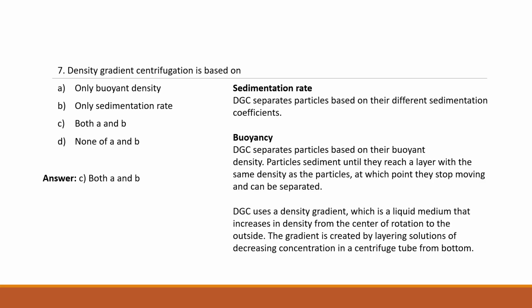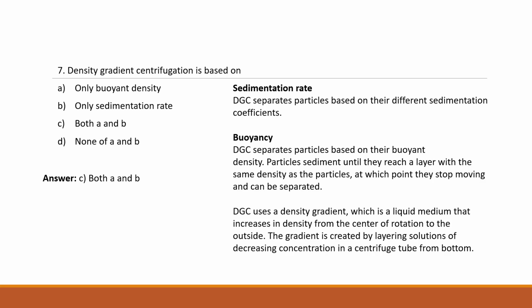It is a measure of movement of the particle, how fast the particles move within that centrifugal force, or that centrifugal speed. And the unit for that is S. Like you can see, usually the ribosomal RNAs are denoted as either 16S, 18S or 25S. That S is your sedimentation coefficient.